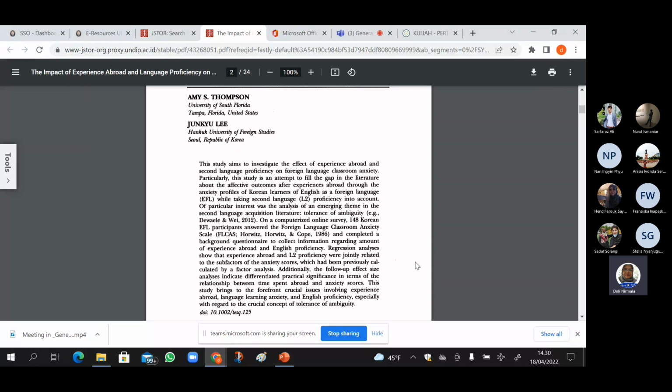Effective outcomes of the experiences abroad through the anxiety profiles of Korean learners of English as a foreign language while taking second language proficiency. Tolerance of ambiguity on a computerized online survey.